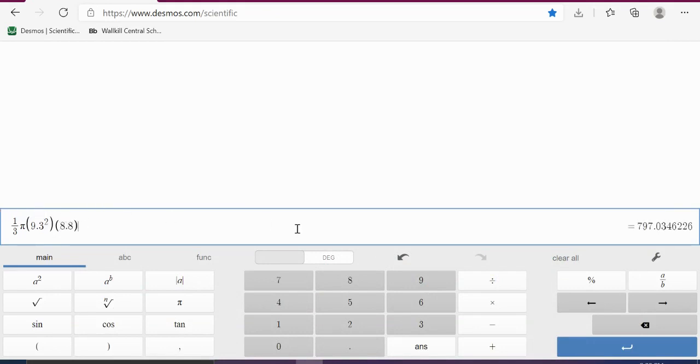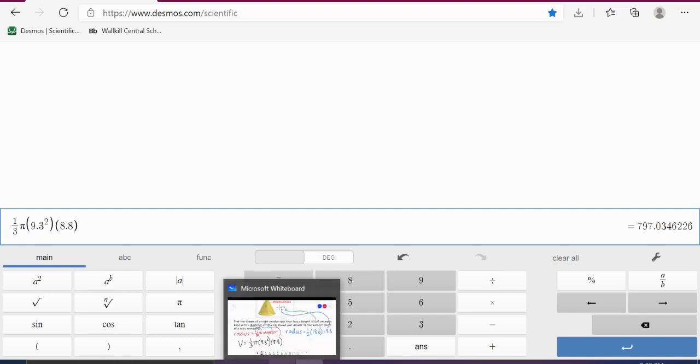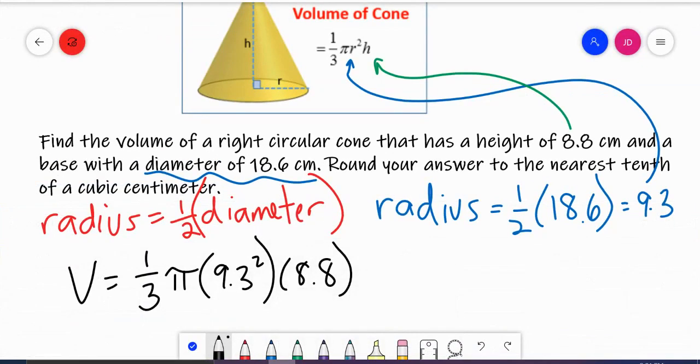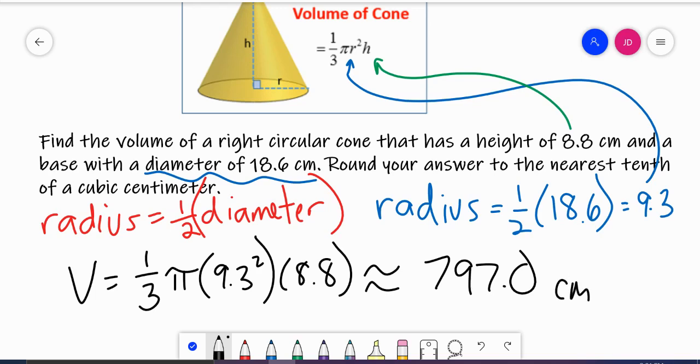Bam. 797.03. Since I'm rounding that to the nearest tenth, it's 797.0 centimeters cubed. That's rounded to the nearest tenth.